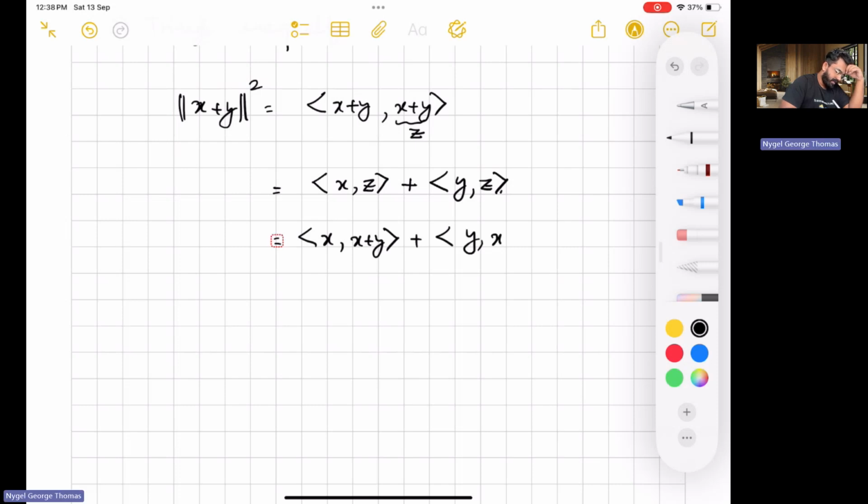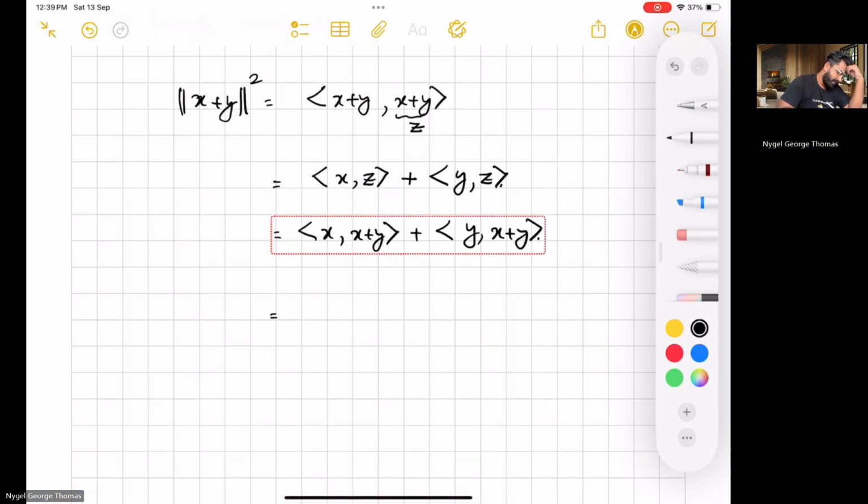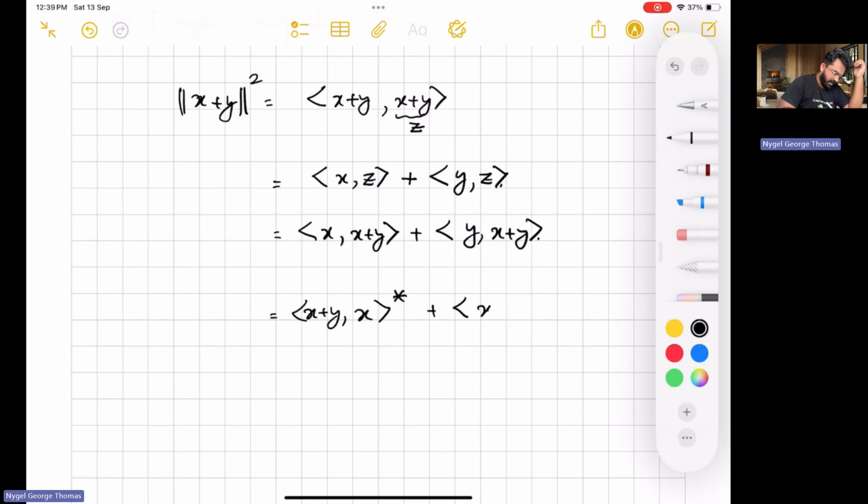But we don't know a property of inner products like this, so we have to take a conjugate. This inner product of x plus y with x plus y is the same as the conjugate of x plus y comma x plus y. So we know how distribution works for these if the sum is in the first term.